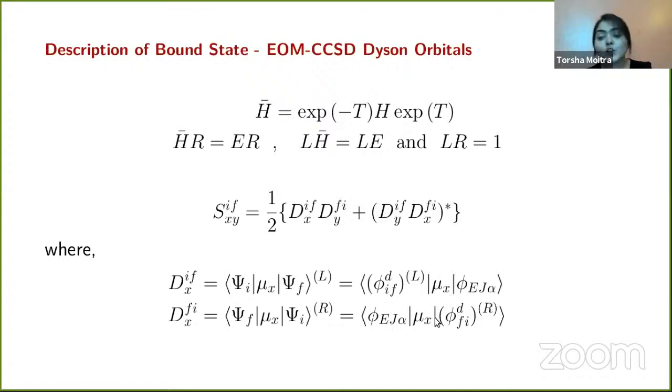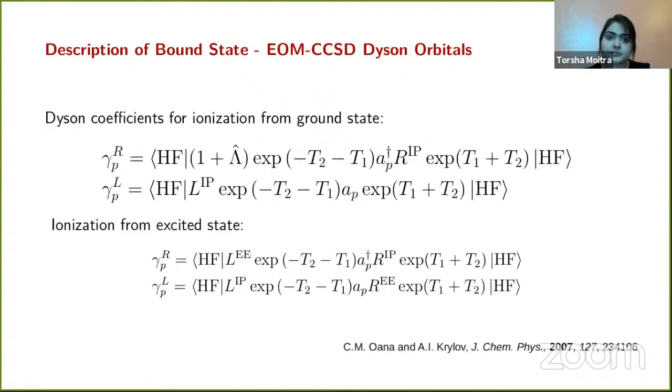However, both of these can be expressed as a linear combination of ground state molecular spin orbitals. What varies is the coefficients. The left and the right Dyson orbital coefficients are distinct. And the Dyson coefficients for the ionization from the ground state are given by this expression.